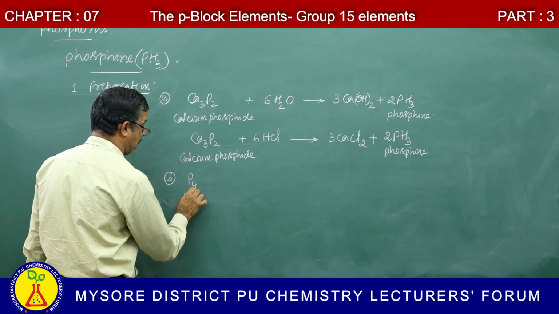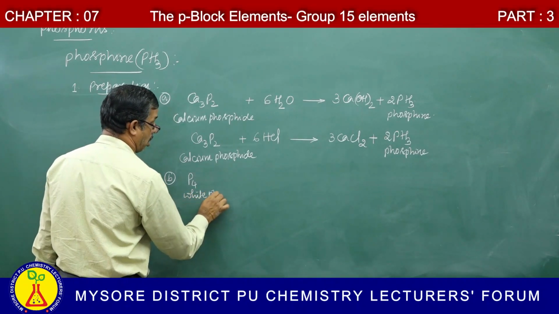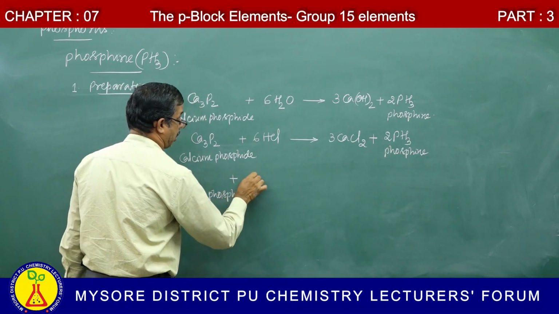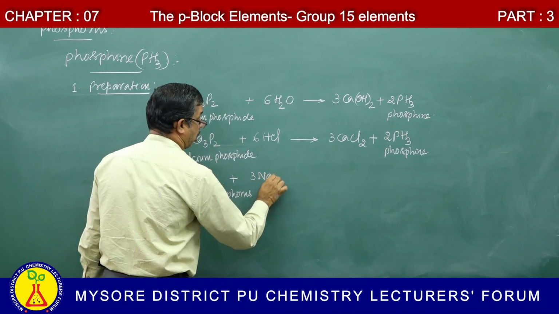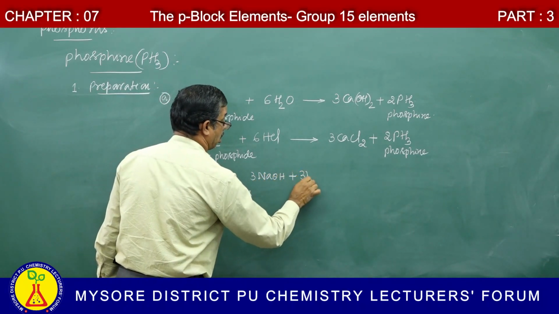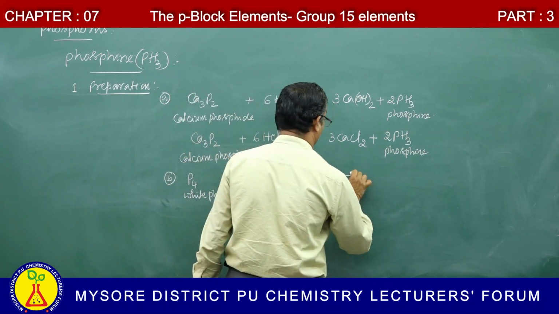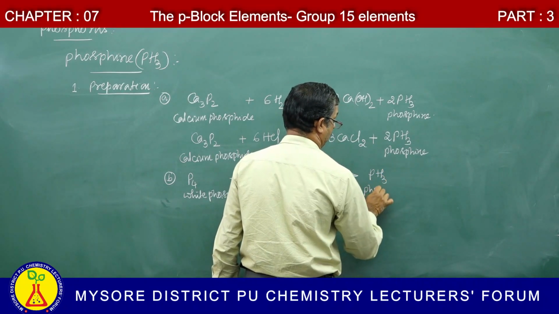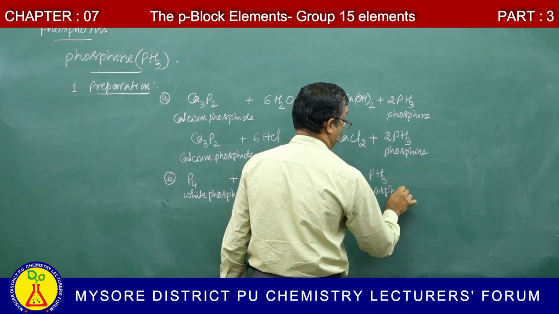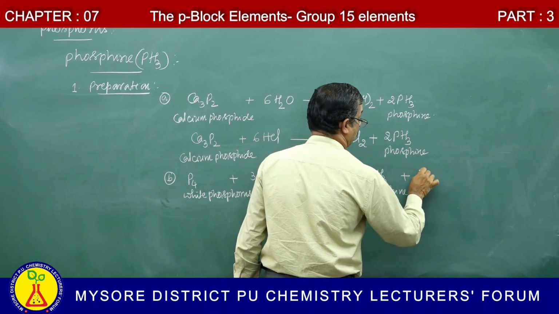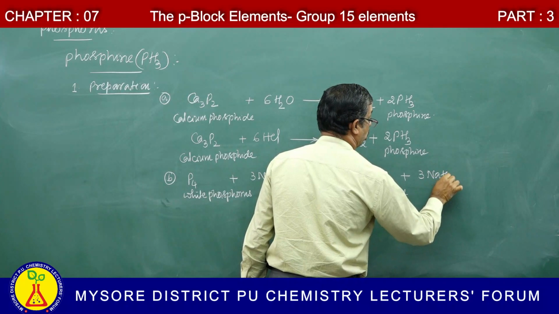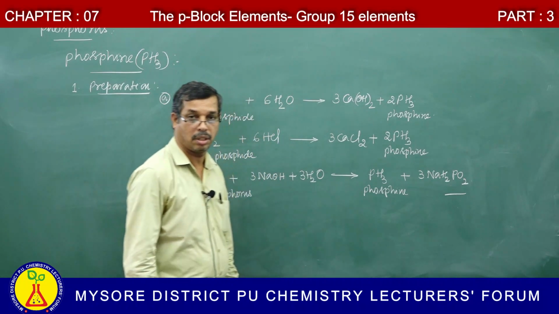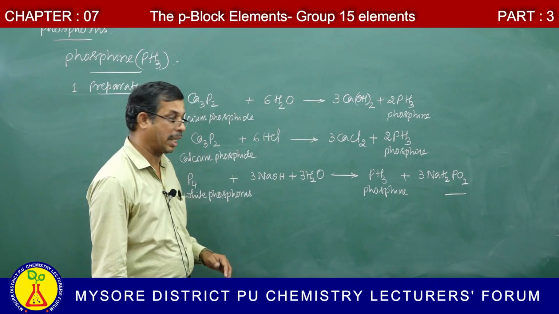This is white phosphorus, when it is treated with sodium hydroxide, we get PH3, this is phosphine, and NaH2PO2, sodium hypophosphite. This is the second method.